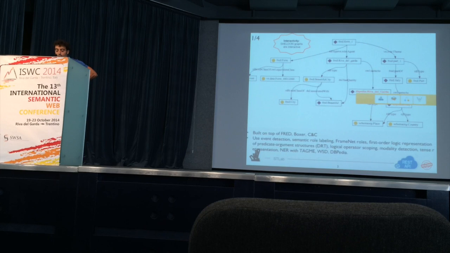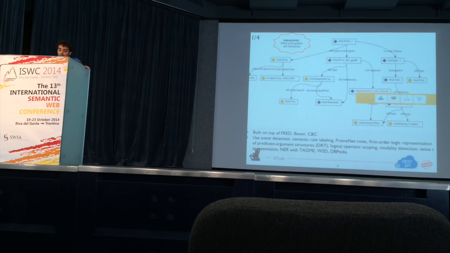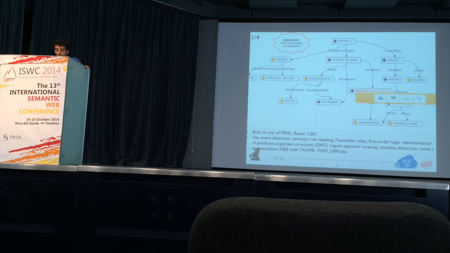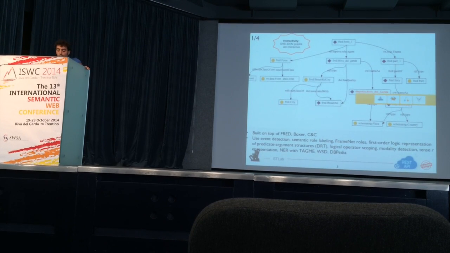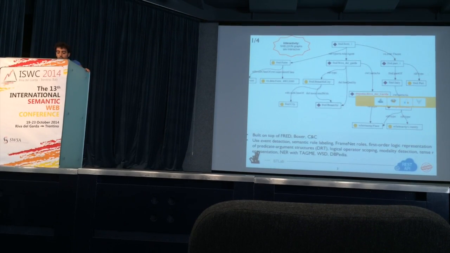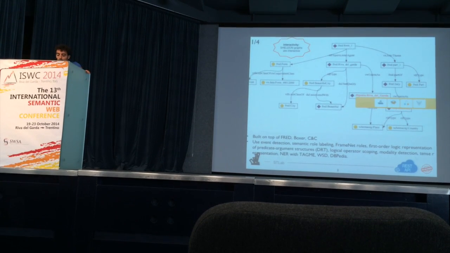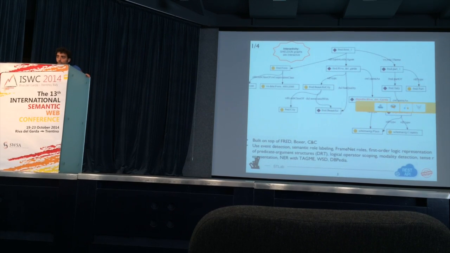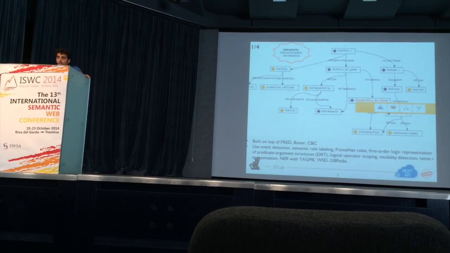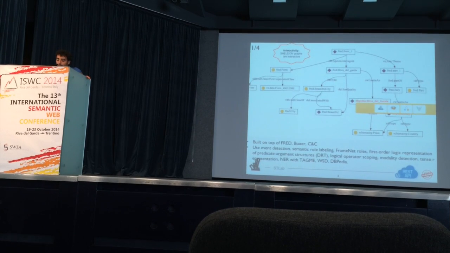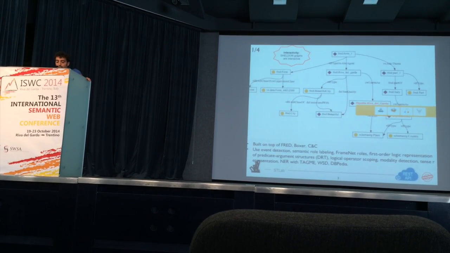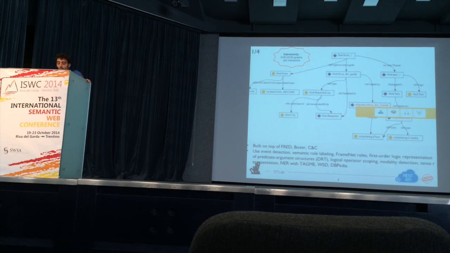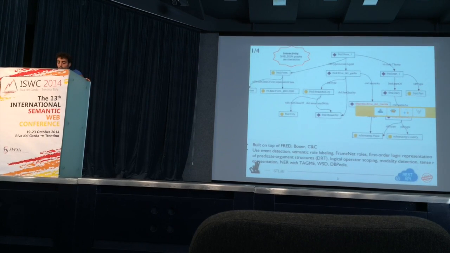It uses event detection, semantic role labeling, FrameNet roles, first order logic representation using discourse representation theory. It also does modality detection, tense representation, named entity recognition using TAGME, word sense disambiguation, and it also uses DBpedia, and identifies entities as DBpedia entities. In the graph you see Riva del Garda in red, because it is recognized as a DBpedia entity, and there is a menu that I'll show in the demo.